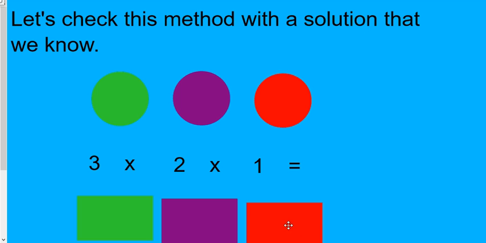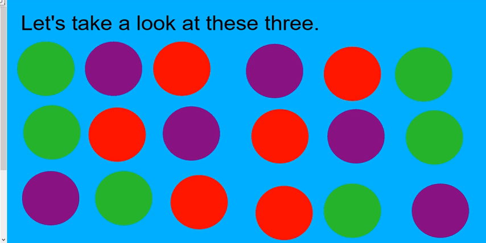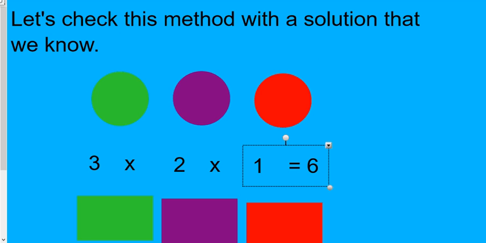So we're multiplying by 1, which gives us 3 times 2, and then times 1. And as we know, that gives us an answer of 6. And if we go back to this choice before, we know that there are 6 possible outcomes and 6 possible permutations. So that's how we can calculate the number of possible solutions to arranging a pattern of different colours or different objects.